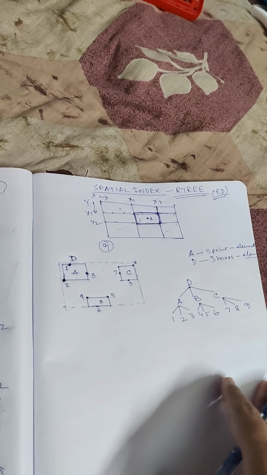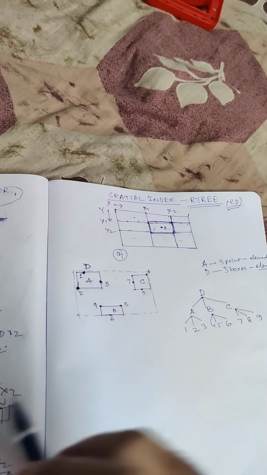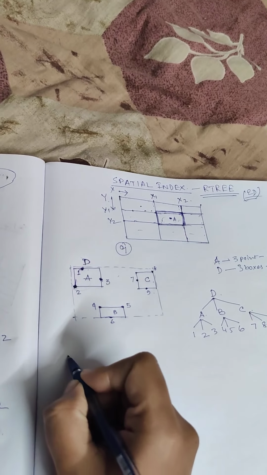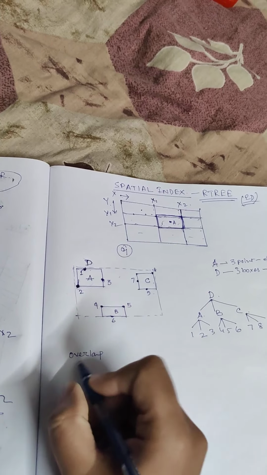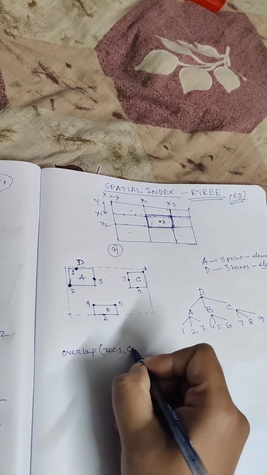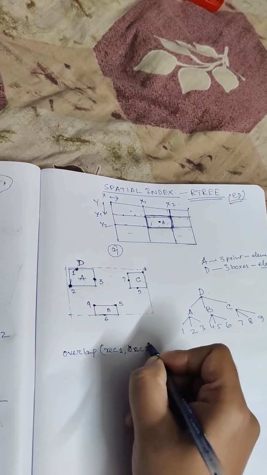Good. Now suppose we are given two methods, two functions. One function is overlap, which takes two arguments, rectangle 1 and rectangle 2.